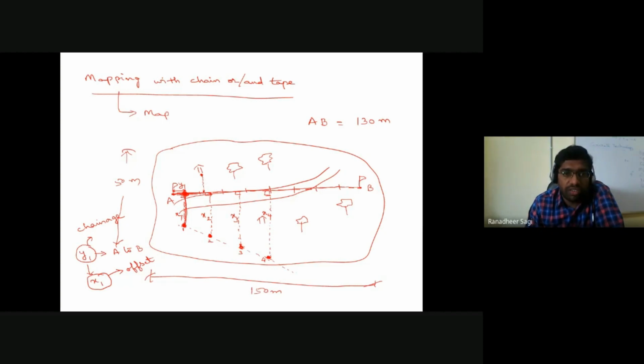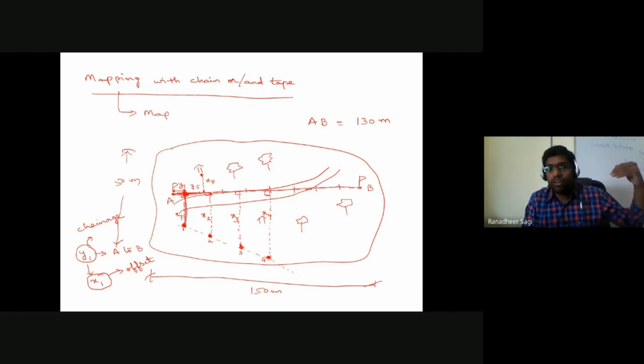Let's say this offset distance is x5, for a chainage of y5 from point A. If I travel a distance of y5, I have an offset of x5 distance to locate the position of your house.